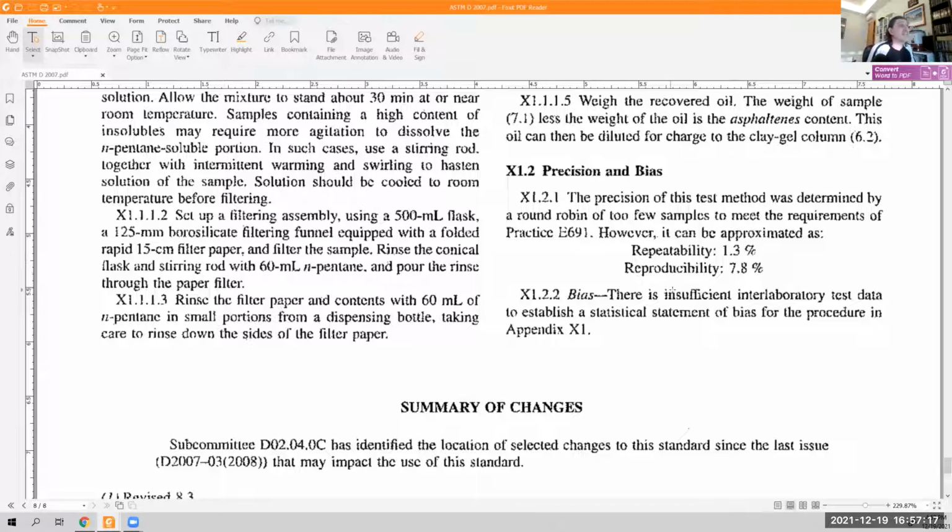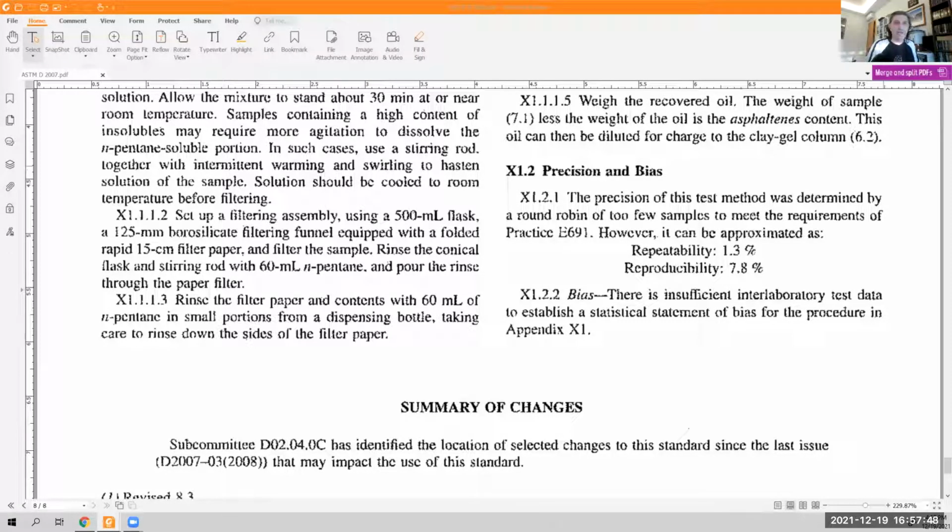And it says there is insufficient interlaboratory test data to establish a statistical statement for bias. Note that even reproducibility and repeatability are related to precision. Bias, as I said, is not related to those values, whether in the whole world or in those laboratories. Whether the measuring devices are accurately calibrated or not is a totally different story.